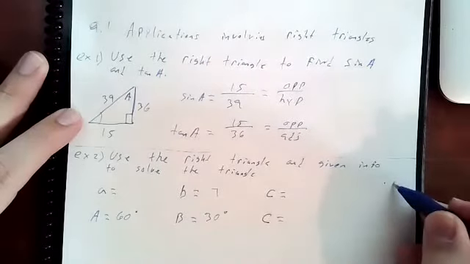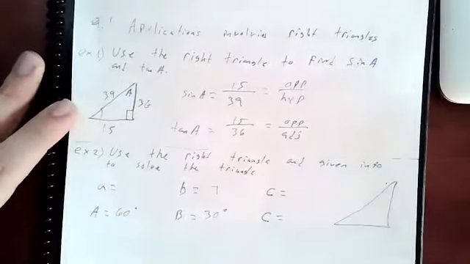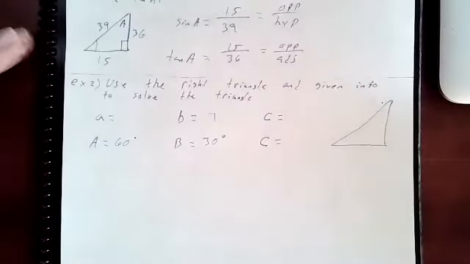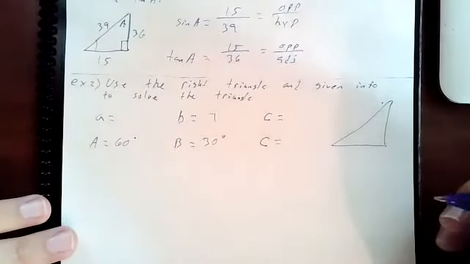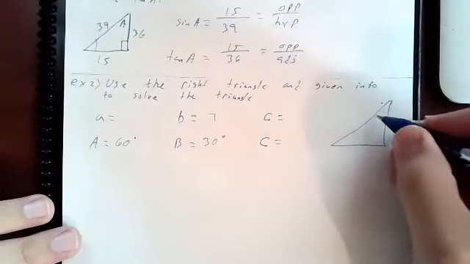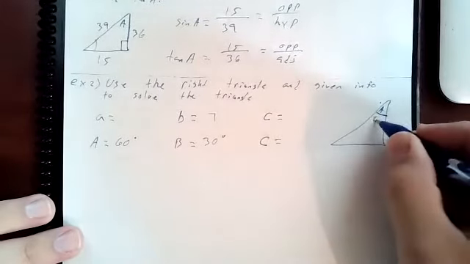So the right triangle will be, right here is my A, 60.